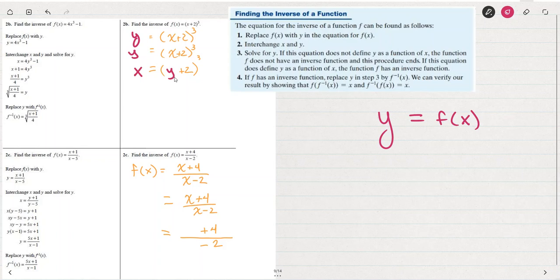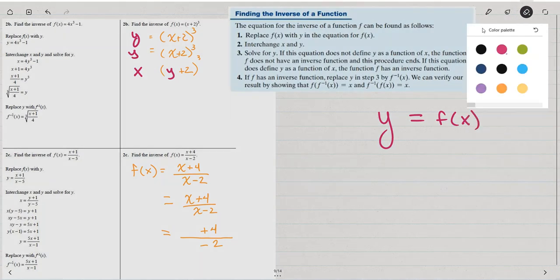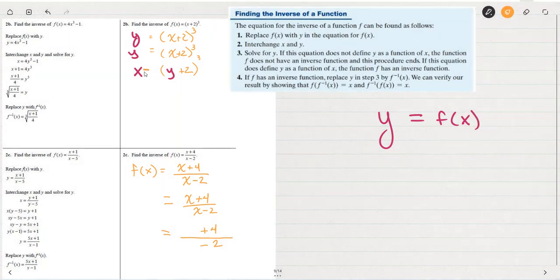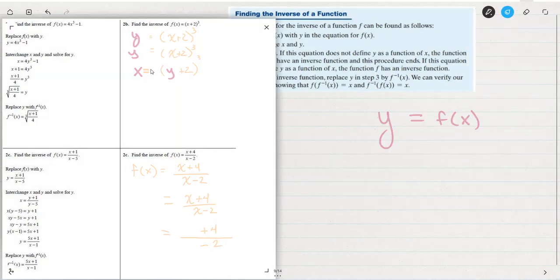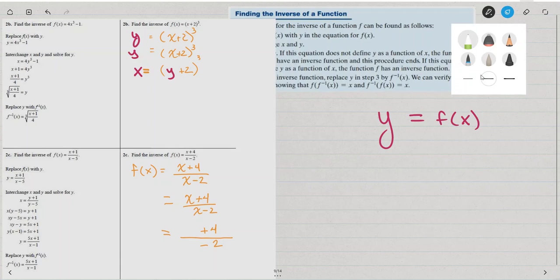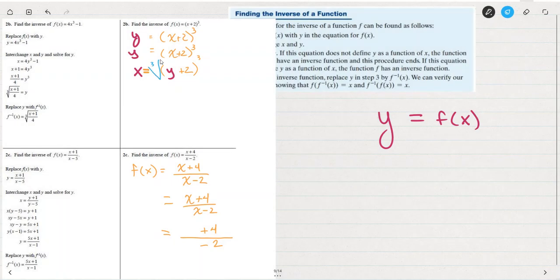When you look at this, do you remember how to solve for y when the y is cubed? How can we undo a cube? We can undo cubing with a cube root. So I'm going to take the cube root of y plus 2 cubed, so that the cube and cube root undo each other, and I'm left with y plus 2.